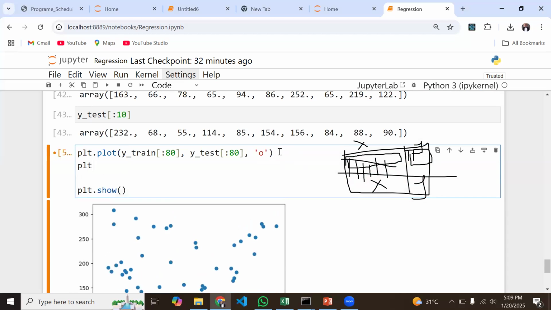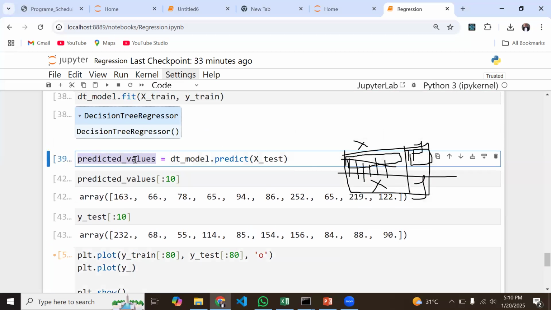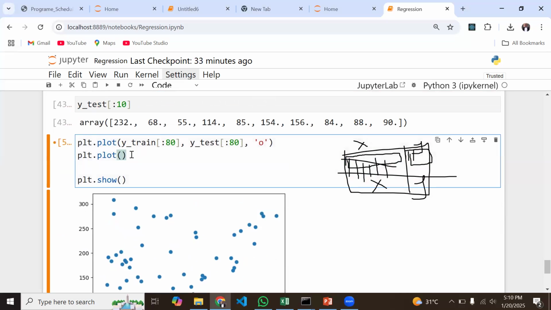If I do another plt.plot, and now do the Y predicted values, Control C, Control V, the first 80, and then the Y tests, also the first 80.